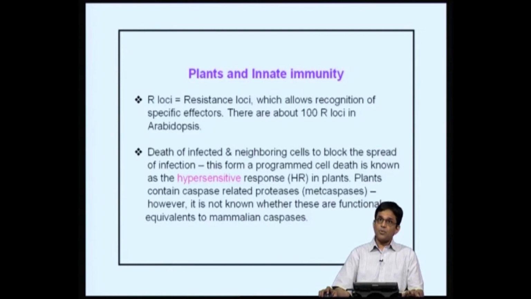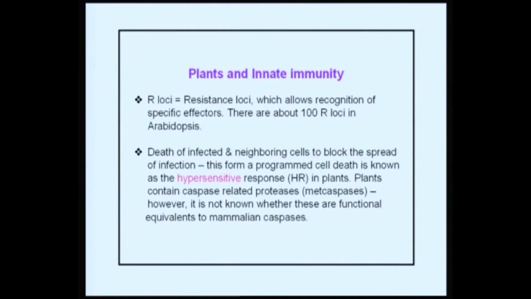An important response by which plants take care is through the production of what is known as the hypersensitive response, in which, upon infection, the cells around that particular infected tissue die off. How they die off is not clear, but it is possible that plants are known to contain caspase related proteases, and whether these play an important role needs further studies.